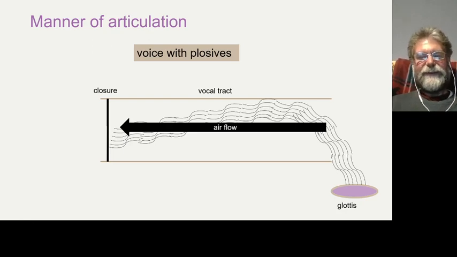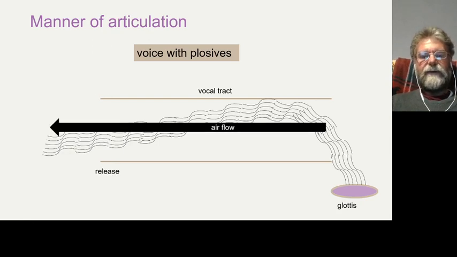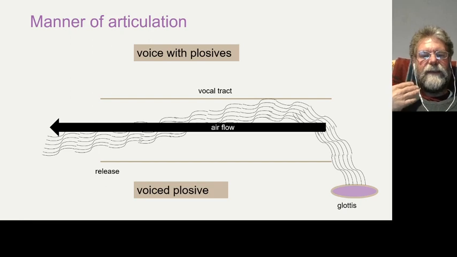You can only do that for a certain time because air can't be infinitely compressed, but you can produce a sound without actually releasing anything. Now, if you do that and then release, then you get what is known as a voiced plosive. A voiced plosive is something like b. Hear the voicing before the release, b, and d, and g. So if you voice before the release, you get a voiced plosive.